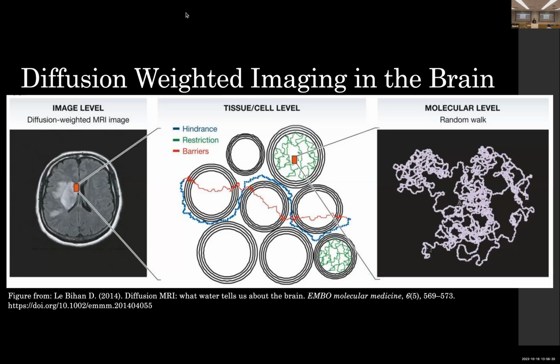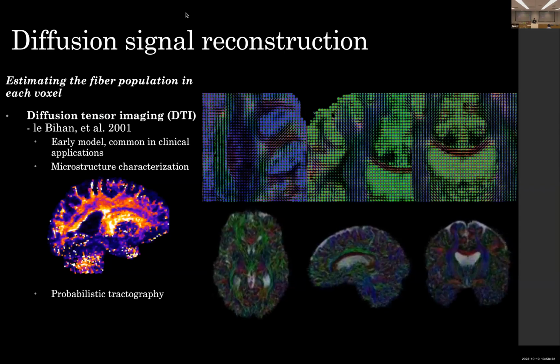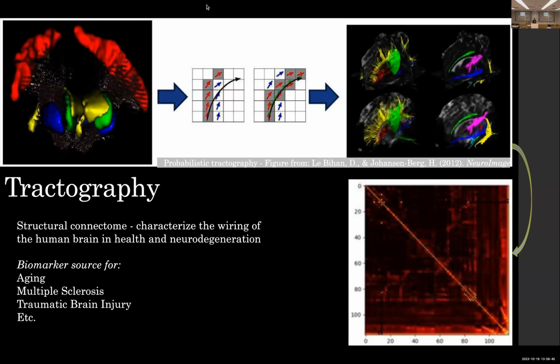Using that information, we can then reconstruct the different directions that the water would be moving, and build out our tracks to follow the various axonal connections between those regions. And this is an important part of clinical neuroscience and surgical planning for all sorts of things.